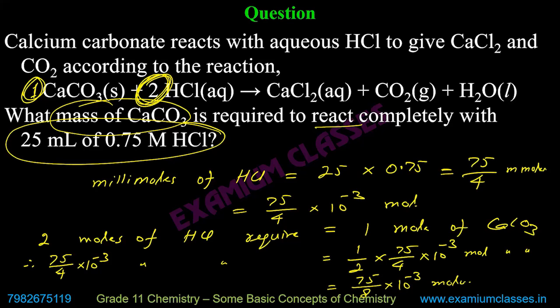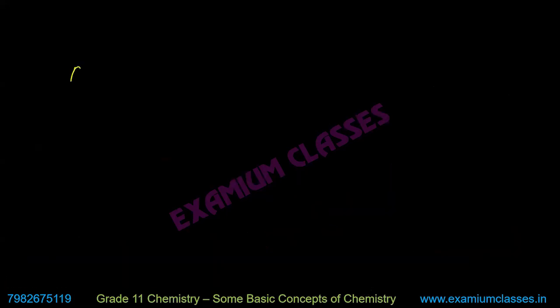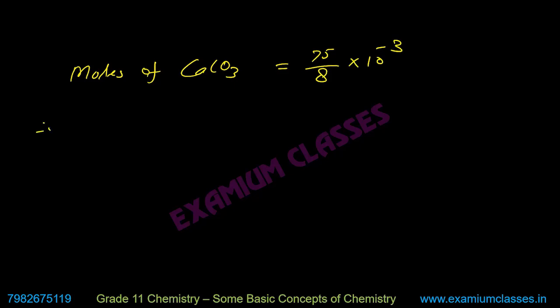It means you need to multiply it by its molar mass to get the mass. So you got moles of calcium carbonate as 75 by 8 into 10 to the power minus 3. Hence, mass of calcium carbonate will be moles into molar mass.